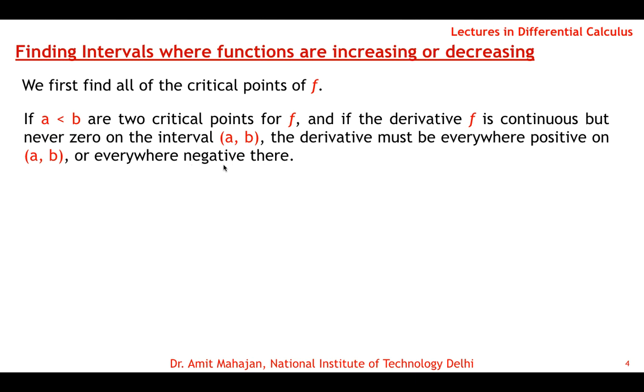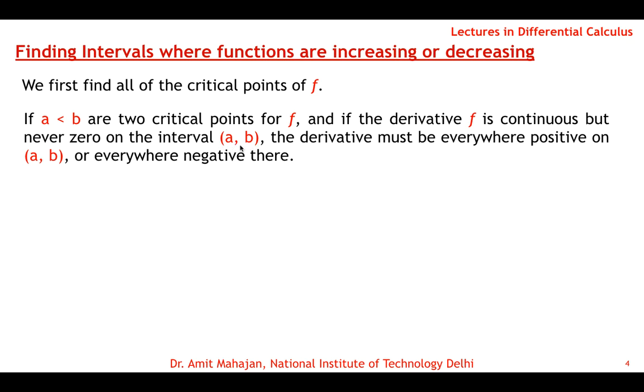If there is no critical point inside, then if I take any point between a and b, the derivative will be either positive or negative, and that will be true for every point in this interval.